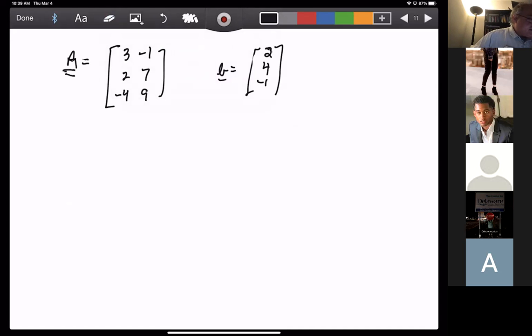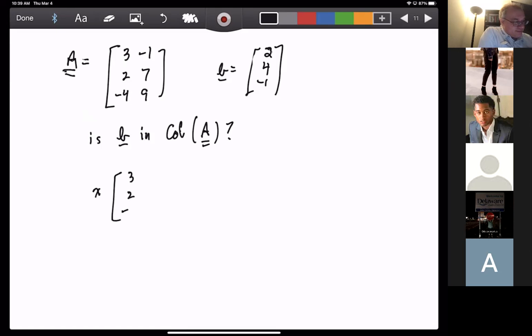Okay. So we've got this matrix, we've got this vector B. Is B in the column space of A? So in other words, can we pick x and y to make this equation true?